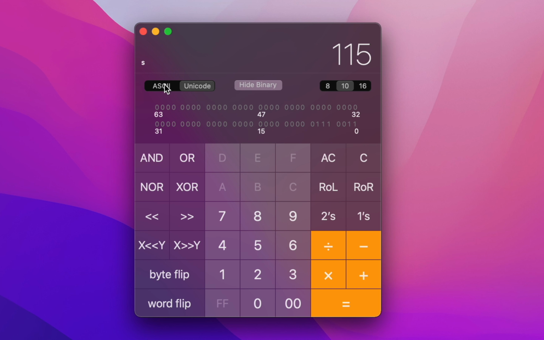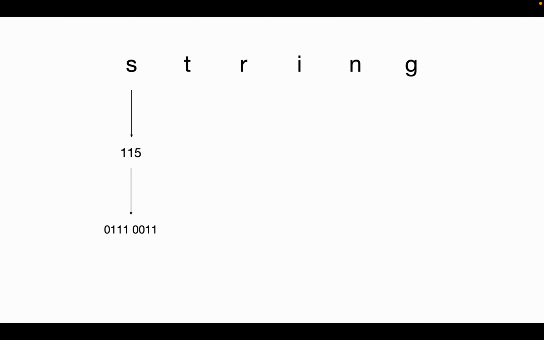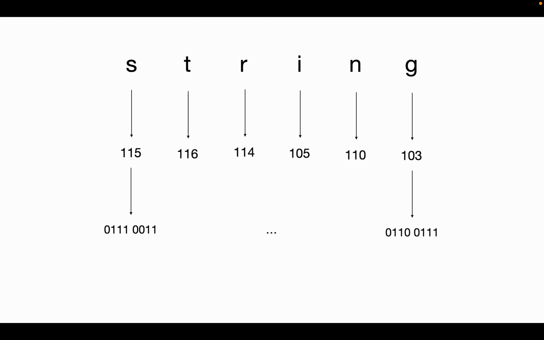So 115 is the number for the lowercase s. If I change it to ASCII, because it's just a subset of Unicode, it still has the same letter. And you can also see its binary number right here, that same number that we just saw, 0, 111, and then the rest. Likewise, we have other numbers and binary numbers for the rest of the characters.